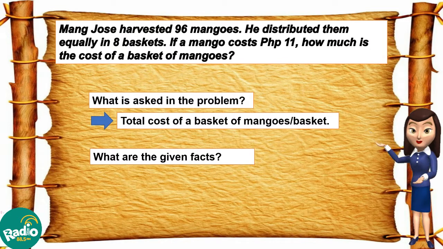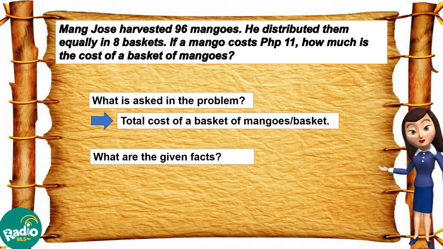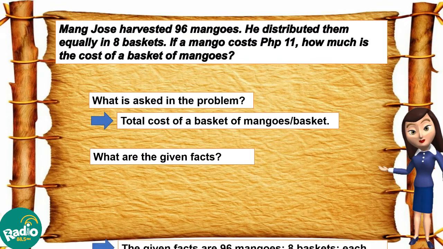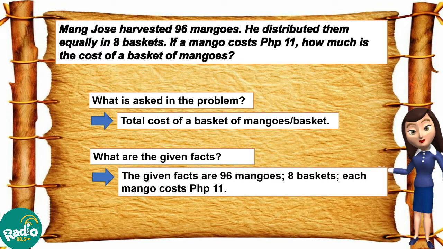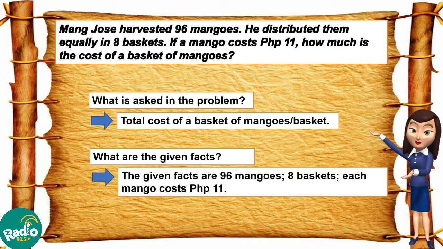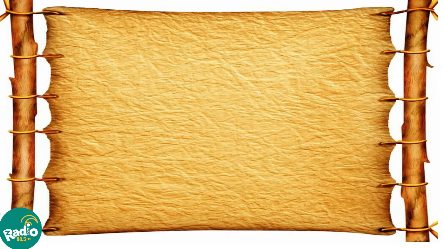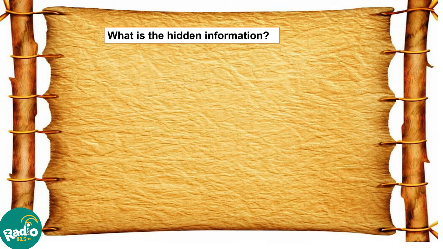Next, what are the given facts? Yes, the given facts are 96 mangoes, 8 baskets. Each mango costs 11 pesos. And what is the hidden information?